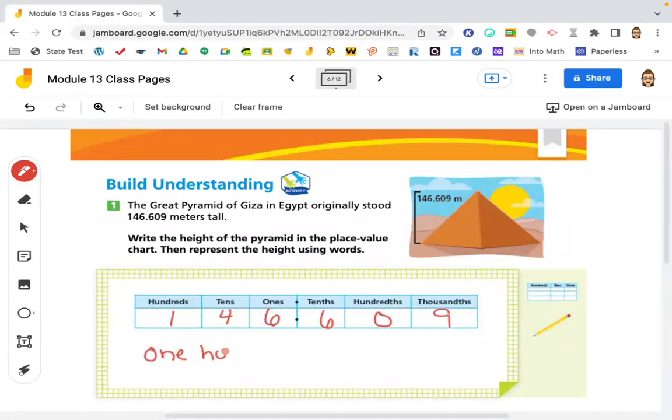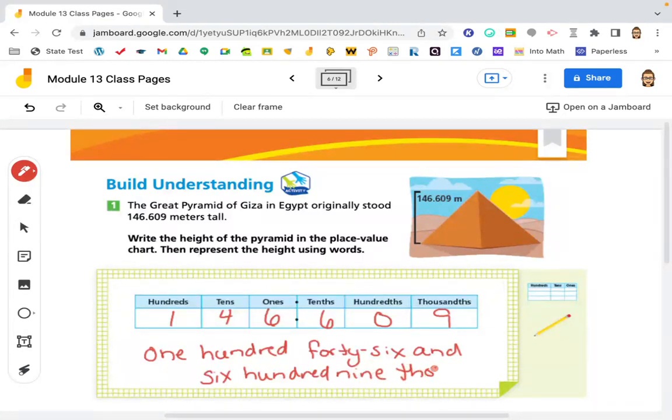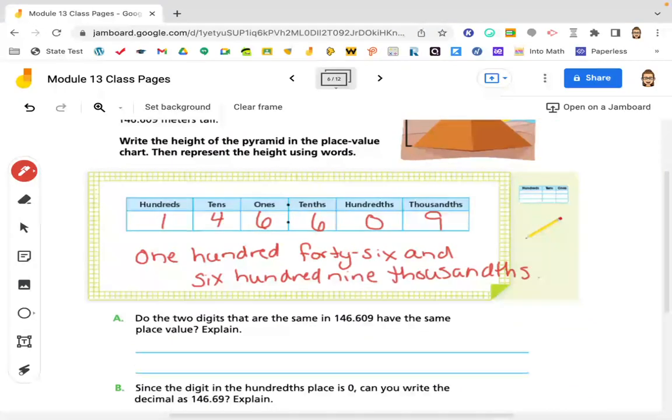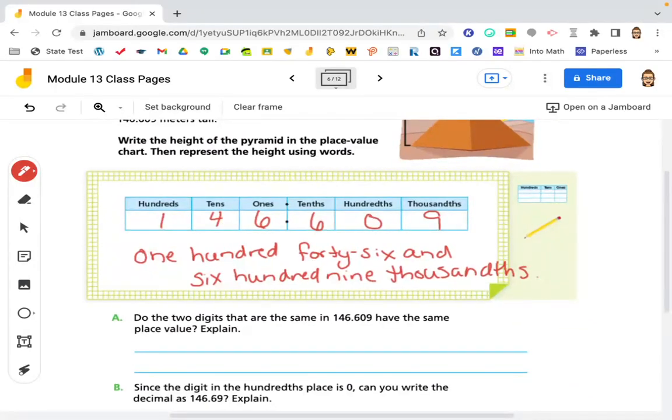So we have 146 and 609 thousandths. It says, do the two digits that are the same in 146 and 609 thousandths have the same place value?